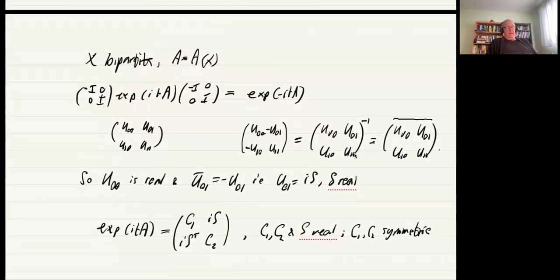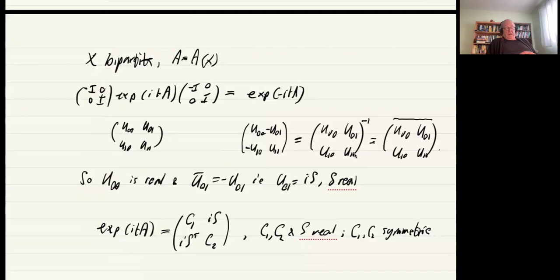How much more about this? Plenty. Of course, if we're thinking about bipartite graphs, we want to do continuous quantum walks, and so I need to compute the exponential of iAt. Now, the point here is that if I take U(t) and apply the same similarity transformation I've been using before, I get this.